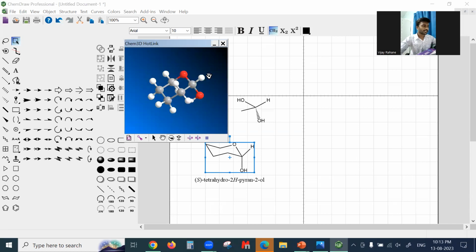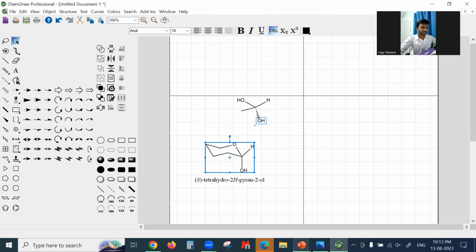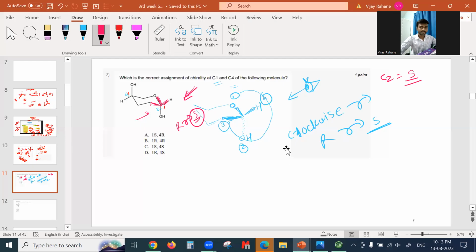Clockwise refers to R and anticlockwise refers to S. Since we are looking from the fourth priority group, we need to invert the comparison, so it will be S. If you imagine the molecule in 3D form, you will definitely get the correct answer.